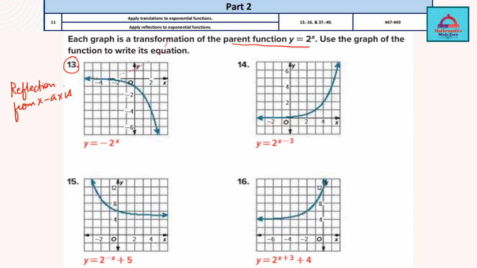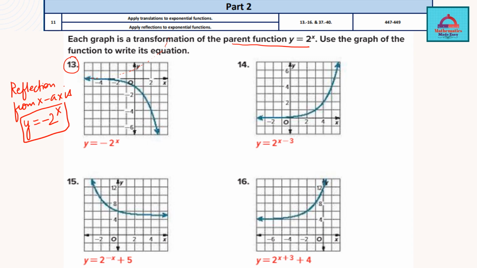This is the parent graph, and because it's a reflection from the x-axis, the negative sign will come. So the answer is y equals minus 2 to the power x, and this is a question on transformation of reflection. Next is question 14.